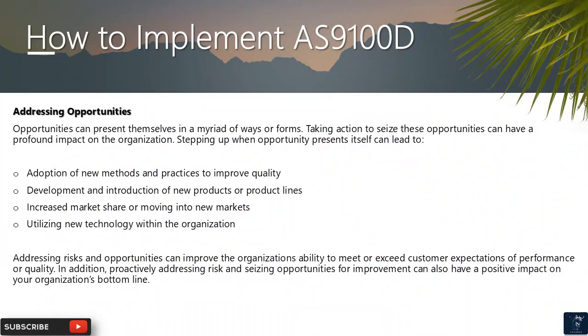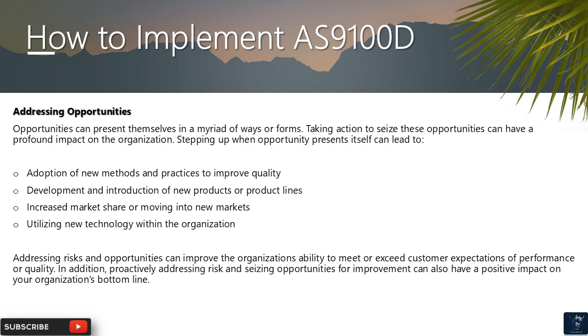Addressing opportunities. Opportunities can present themselves in a myriad of ways or forms. Taking action to seize these opportunities can have a profound impact on the organization. Stepping up when opportunity presents itself can lead to adoption of new methods and practices to improve quality. Development and introduction of new products or product lines.